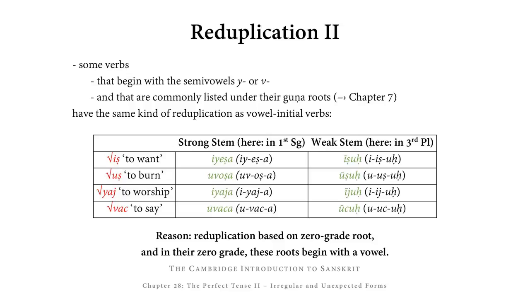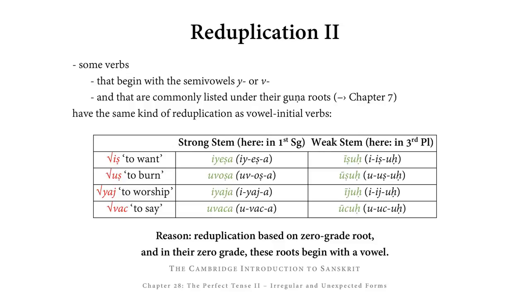In the weak stem, which we find in the dual and plural, and here the example that you can see is the third plural form, we have the reduplicative syllable i plus the root in its weak form, the root in zero grade, so ij, and then we have the ending us, which is what we find in the third person plural in the perfect, and so that gives us the form i-ij-us, which is contracted to ijus.